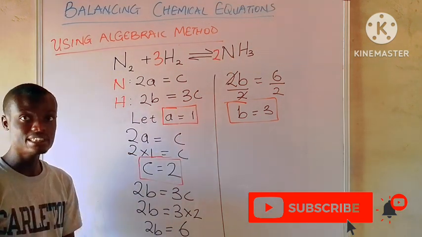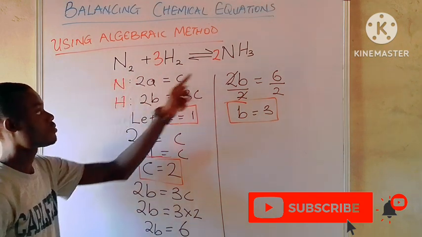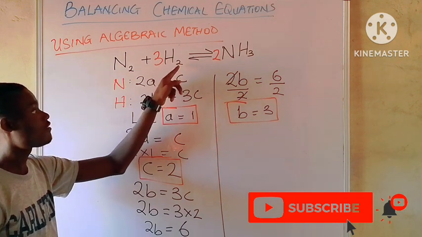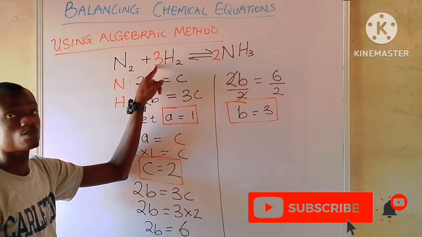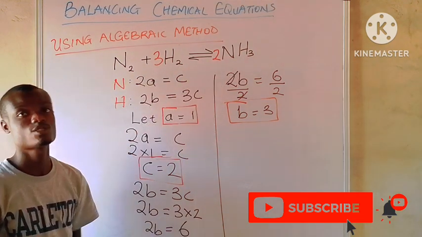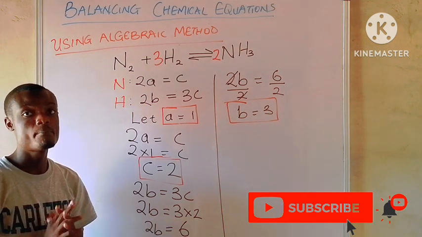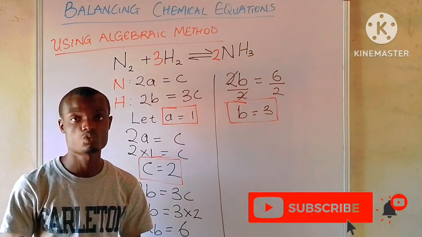You can see that from this equation we have 2 atoms of nitrogen on this side, and on this side we also have 2 atoms of nitrogen. From this side we have 6 atoms of hydrogen, and we have 3 times 2, which is 6 atoms of hydrogen. So with this method you can easily balance any chemical equation, no matter how big the chemical equation is.